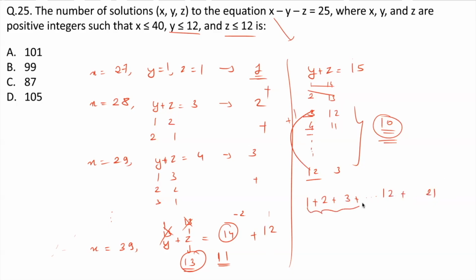So 1 plus 2 plus 3 up to 12 is the sum of the first 12 natural numbers: n into n plus 1 divided by 2, plus 21. So 13 sixes are 78, and 21. In all, I have 99 possible solutions. Option B. Very amazing question. That's how we solve it.